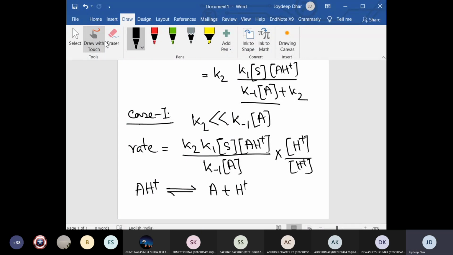If it is a specific acid, like HCl you have taken, that will dissociate as Cl minus and H+. So it will have some capital K. Okay, so capital K will be A divided by H+. So you can see in this equation, this part.